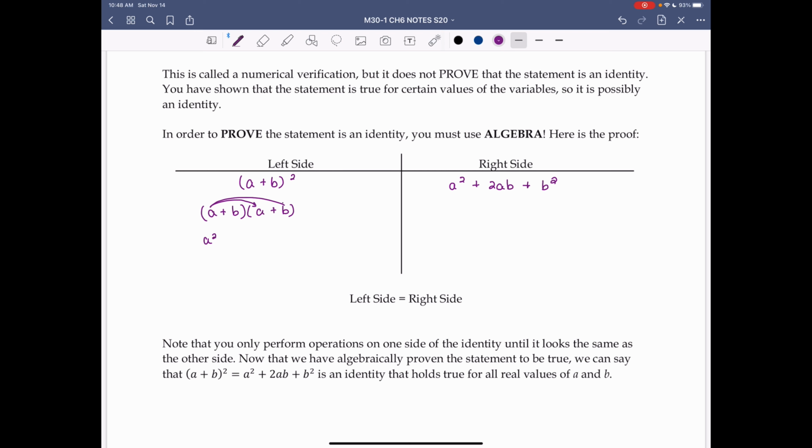A times b is ab, so a squared plus ab. Then b times a is ba or ab. And b times b is b squared. Then I can combine like terms. We get a squared plus 2ab plus b squared. And then we see that the left side is equal to the right side.